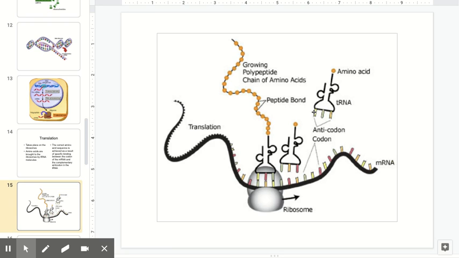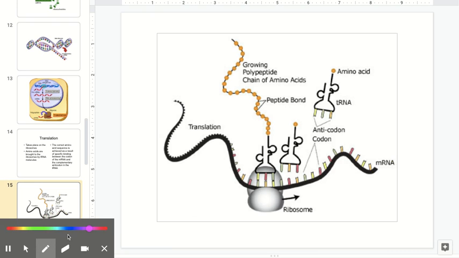There are some specific names here that I just want to point out to you. So again, this is the tRNA. The little head of the tRNA person is the amino acid. And that tRNA brings the amino acid over to the ribosome, and it binds to the mRNA right here.